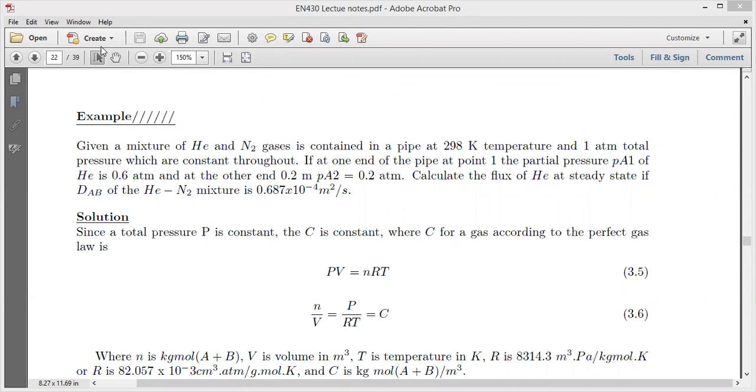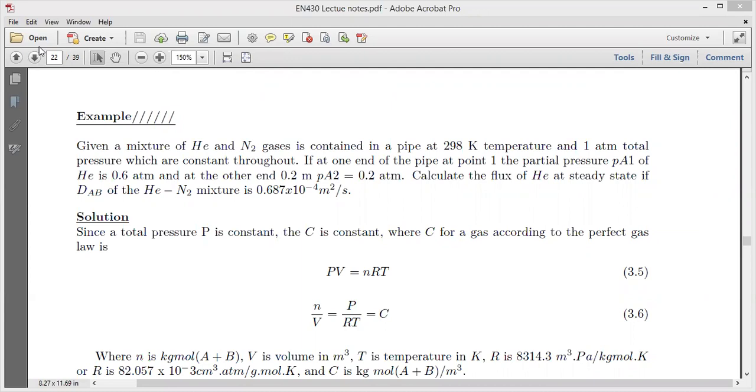Calculate the flux of helium at steady state if DAB of the helium-nitrogen mixture is... It's not helium minus nitrogen, but the helium nitrogen mixture.